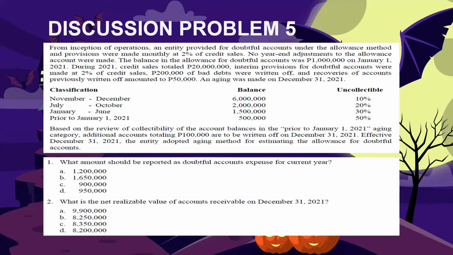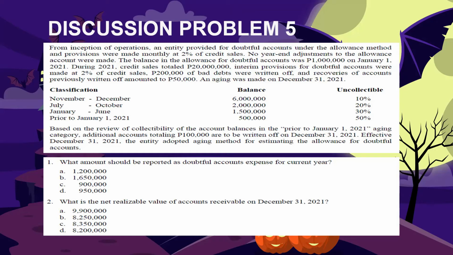Based on the review of collectibility of the account balances in the prior to January 1, 2021 aging category, additional accounts totaling 100,000 are to be written off on December 31, 2021. This is the important part here: effective December 31, 2021, the entity adopted the aging method for estimating the allowance for doubtful accounts.